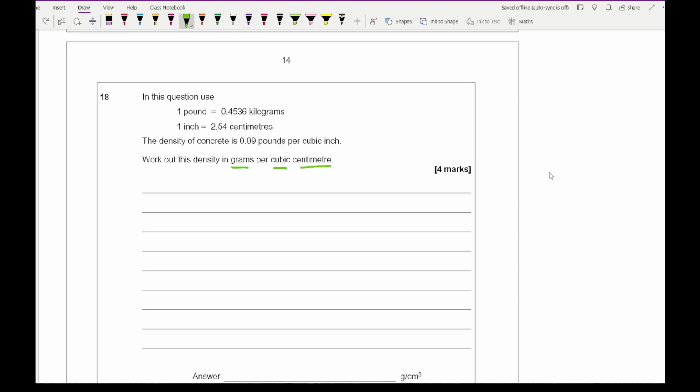So from this, let's first of all work with this answer here. So we've got 0.09 pounds per cubic inch, and that translated is 0.09 pounds over 1 cubic inch.